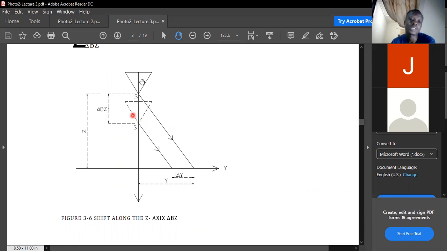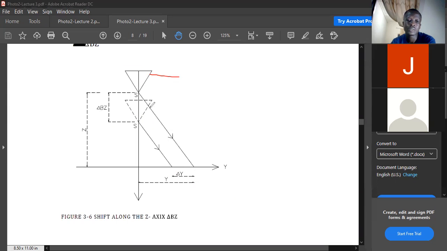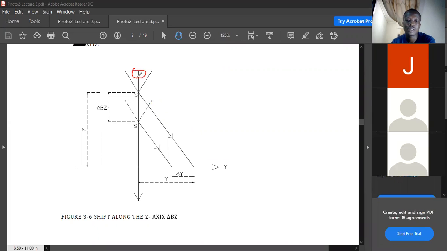So this represents the projector. These things here, they represent the projector. Before we actually shifted the projector, we have this situation, and then when we shift it down, we have that situation. So it's the same projector moving by a distance of delta bz.